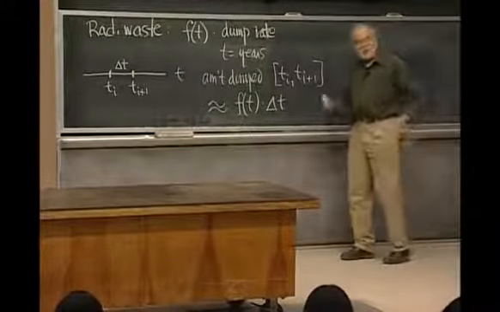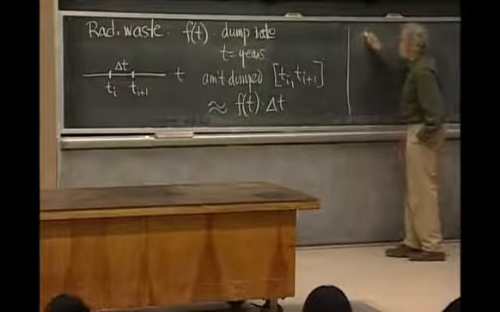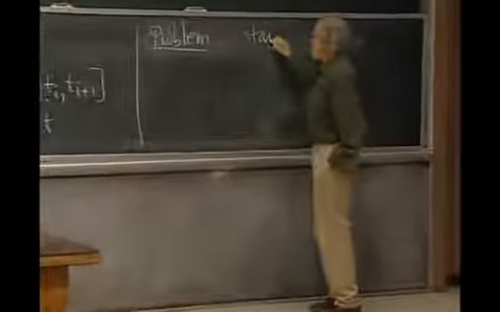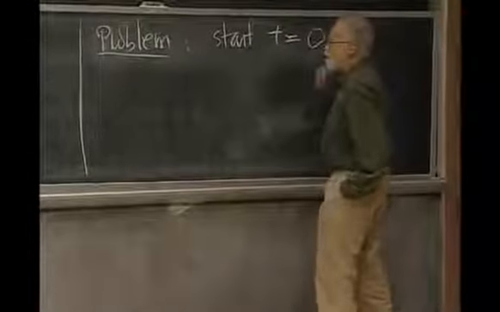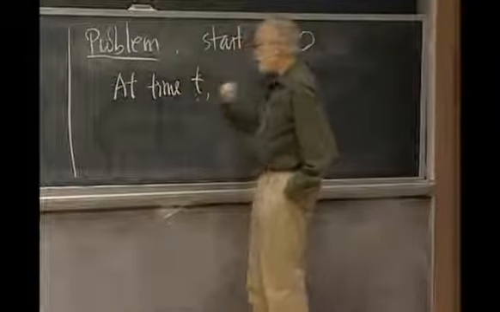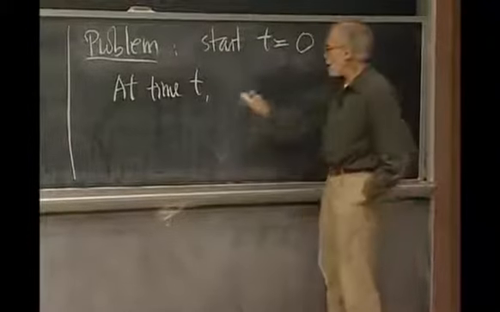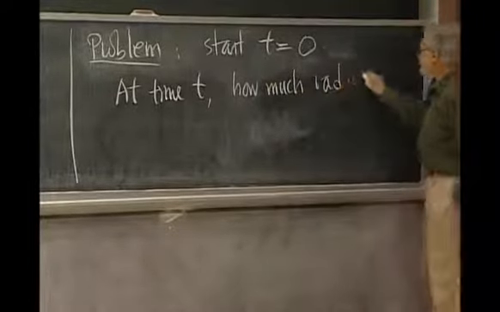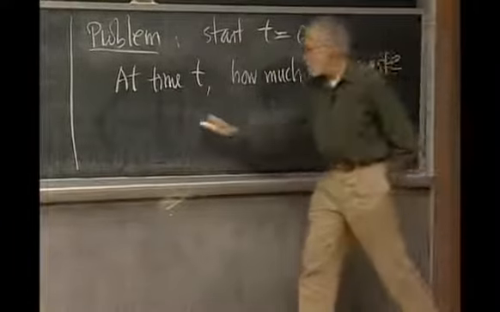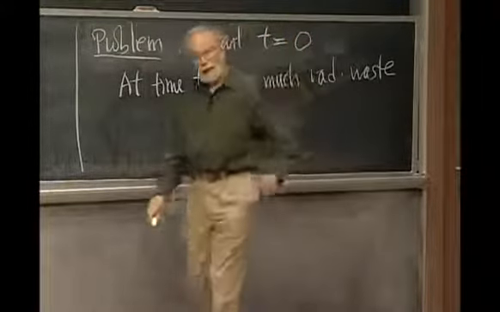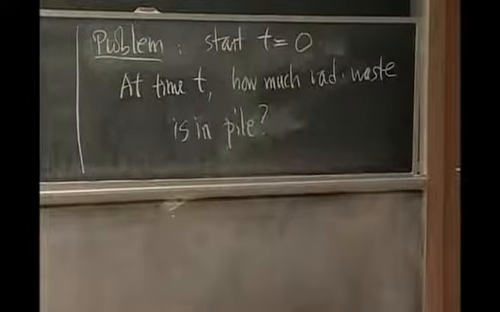Okay, now here's my problem. You start dumping at time t equals 0. At time t, how much radioactive waste is in the pile? Now, what makes that problem slightly complicated is that radioactive waste decays.